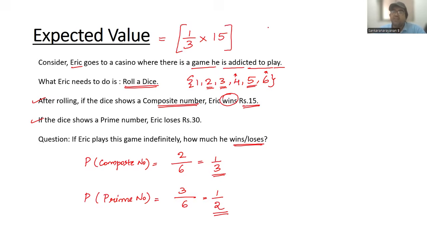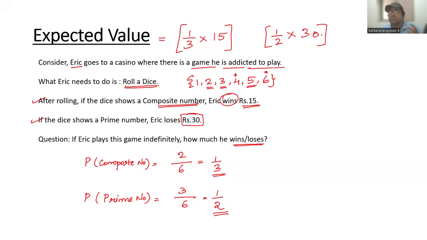In the same way, the probability that he rolls a prime number is equal to 1 by 2. What's the monetary value associated with this prime number? He loses rupees 30. So I'm just considering the 30 over here. Okay, so I'm just writing it like this.